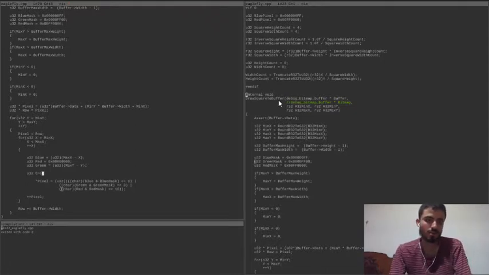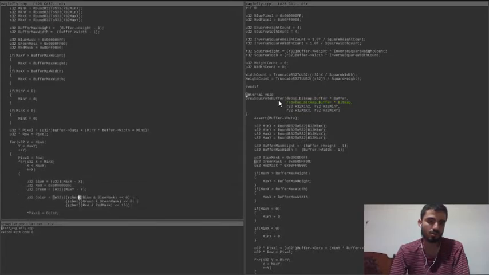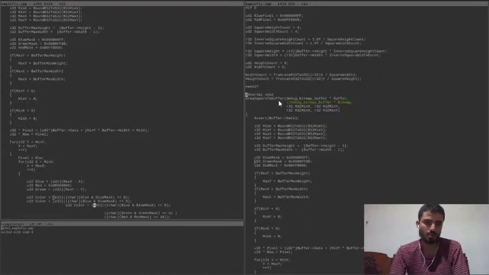So I want the color, and the color is going to be basically this, and then the color is going to be this. I want to do this by steps.